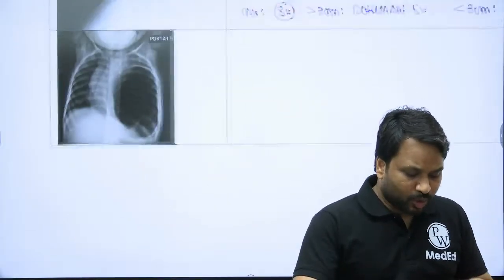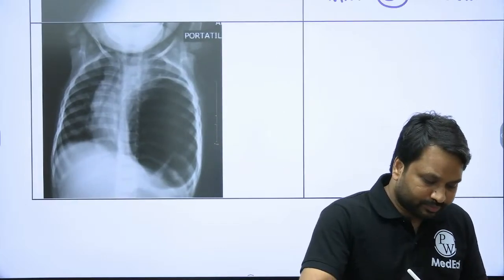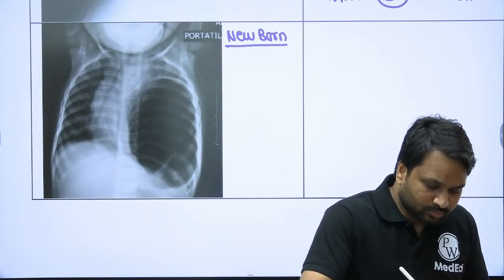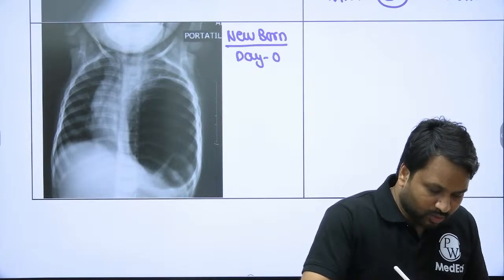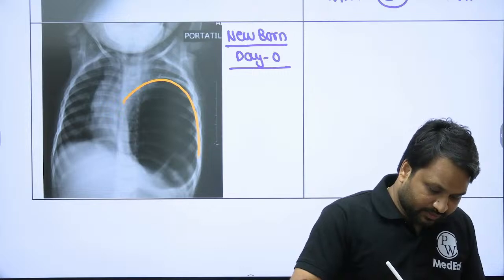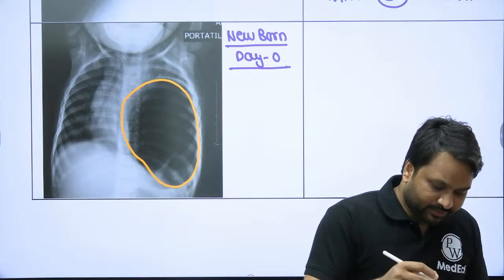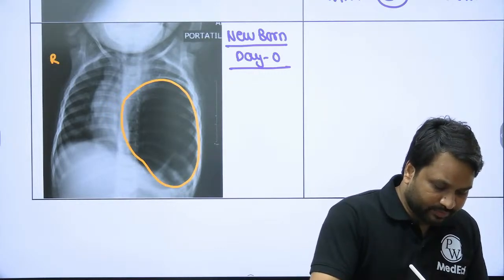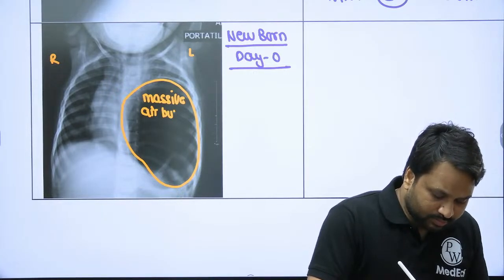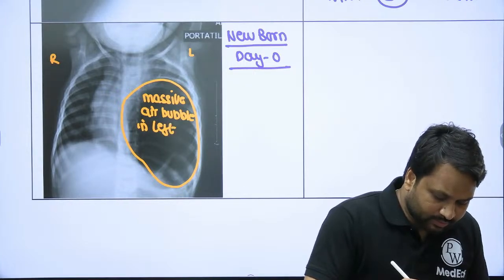Now, another spotter that you have: it's a newborn baby, on day 0 of life. What do you see? You see a massive air bubble in the left hemithorax. This is the right side, this is the left side.